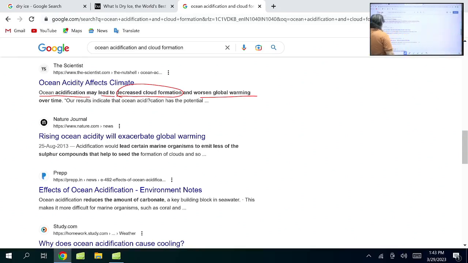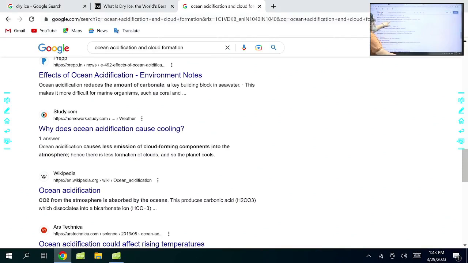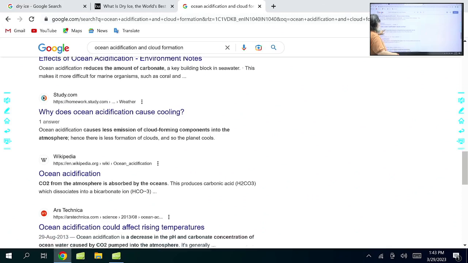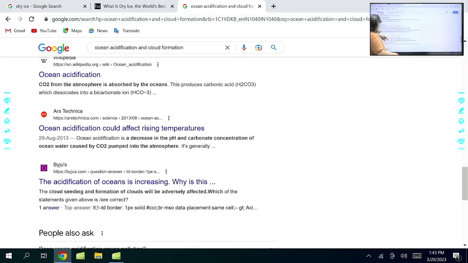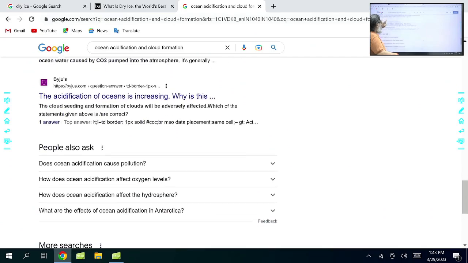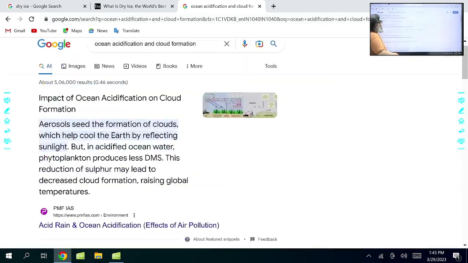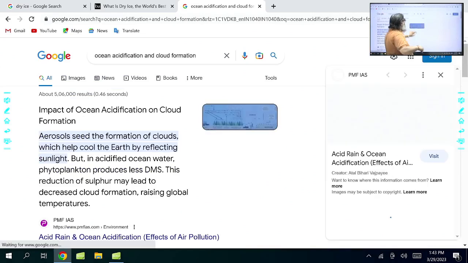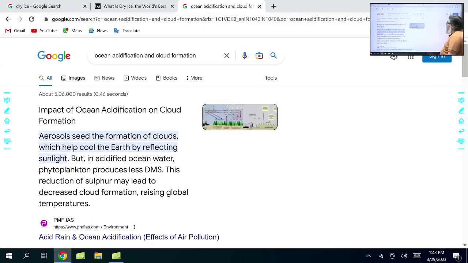You will find all these notes, even coral bleaching is there. See here: ocean acidification reduces the amount of carbonate, a key building block in seawater. Why does ocean acidification cause cooling? Ocean acidification, Wikipedia, could affect rising temperature. All this you will find when you go here.